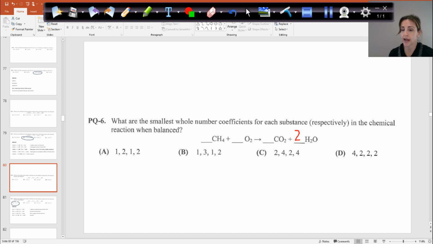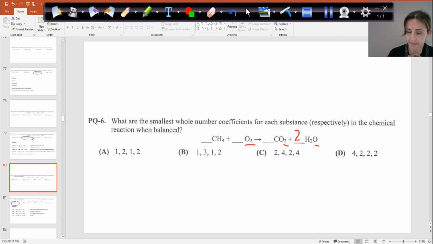So now how many oxygens do I have in the reactants? Oxygen is only here, right? So I have 2. And in the products, how many do I have? 4. I have these 2, and then I have 2 times 2, so it's 4.